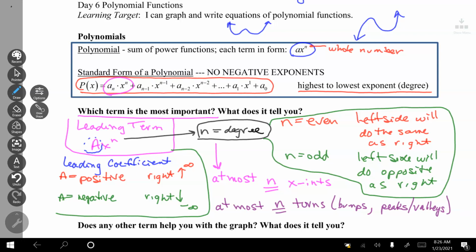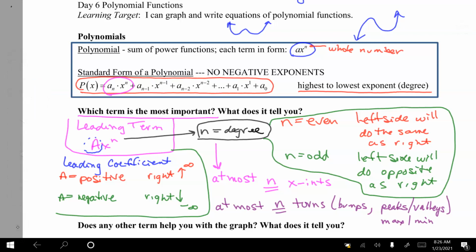So if something is like a quadratic function, a parabola has one turn, one min and max. You want to call them mins and maxes, that's the same thing. An x to the fourth power could have up to 4 x-intercepts, up to 3 turns in the graph, or what I call 3 peaks and valleys.